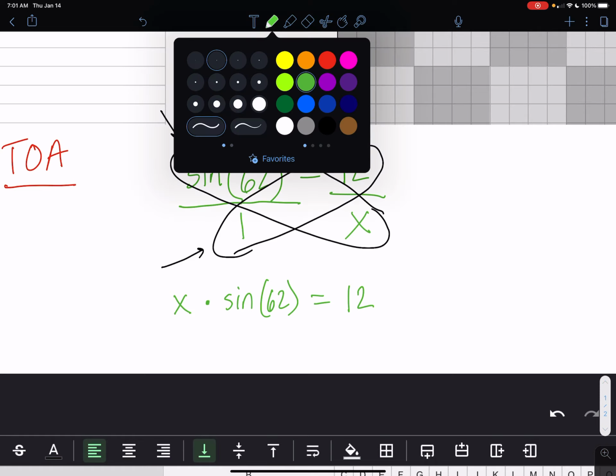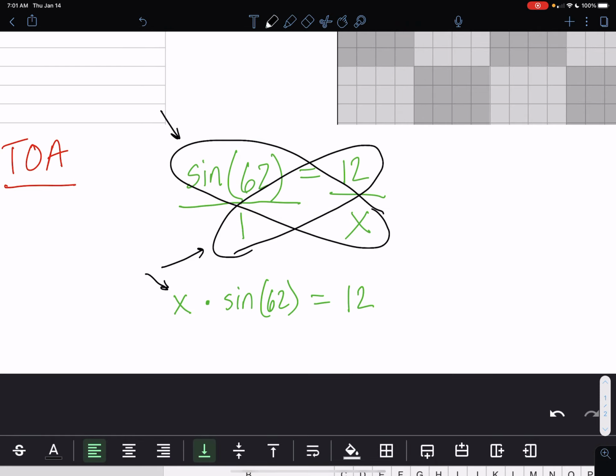Now, remember, we need to get x by itself. Right now, we have x times the sine of 62. We don't want it to be multiplied by the sine of 62, so we need to get that off of this side and onto the other side. In order to do that, we need to do the opposite. Since it's being multiplied by sine of 62, the opposite would be to divide by the sine of 62. Now, remember in algebra, we must do that to both sides.